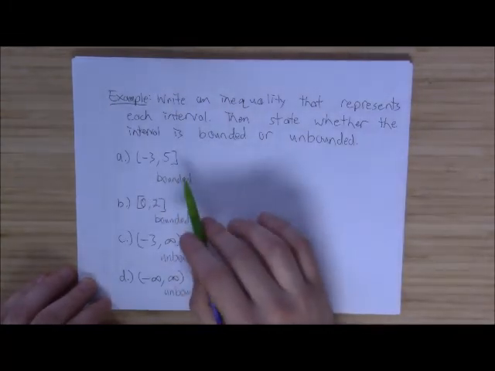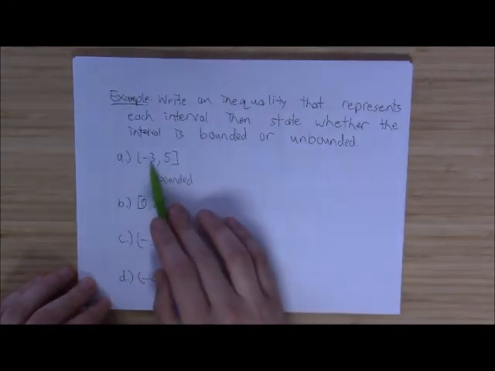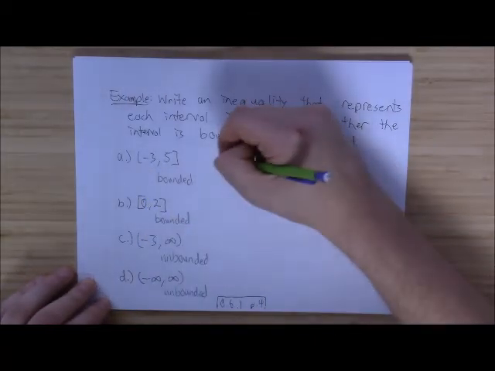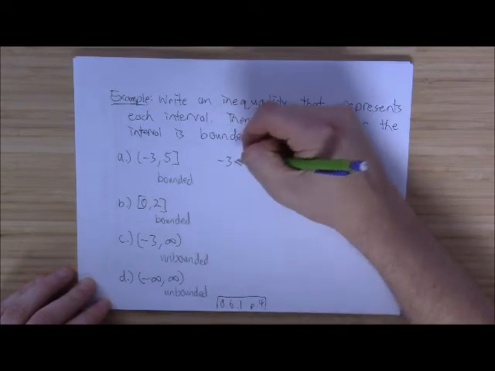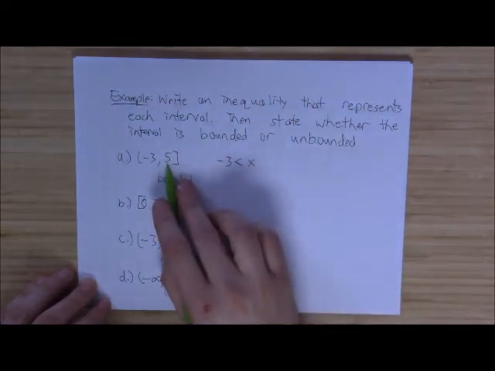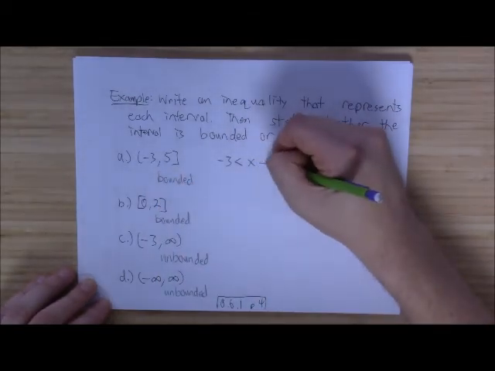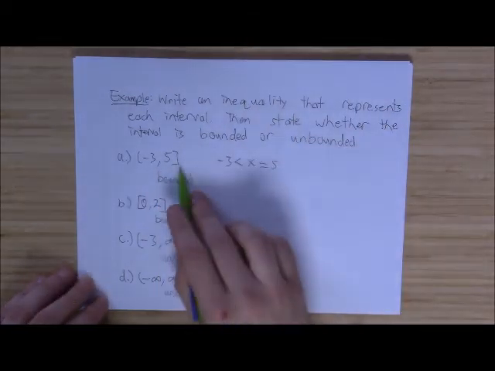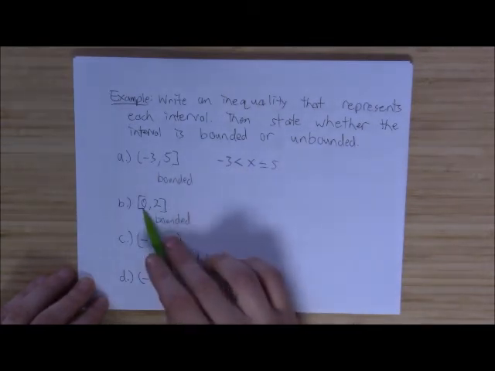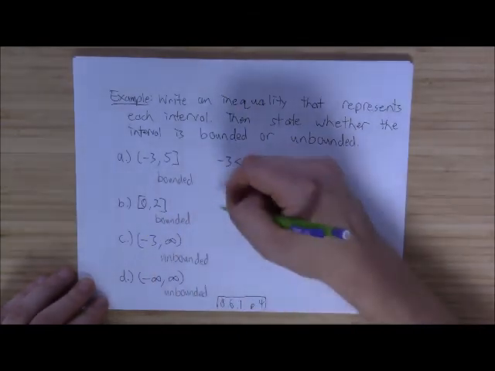Now, what about for the inequalities? Well, again, an open endpoint represents a strict inequality, so -3 must be strictly less than x. But x is also less than or equal to 5, because that's a not strict inequality. We could equal 5. Similarly, we could be 0 or 2 or anything in between.